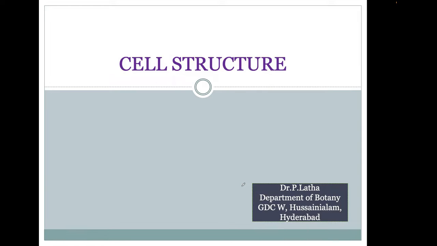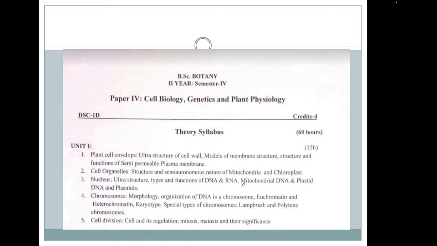Now, in the second year, semester 4, paper 4, cell biology, genetics and plant physiology. In this first unit, you have plant cell envelopes and cell organelles, nucleus, chromosome, cell division.